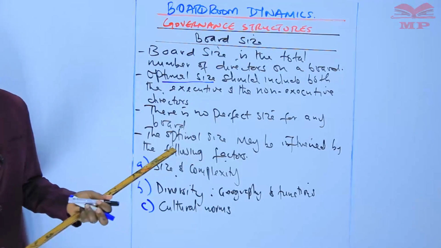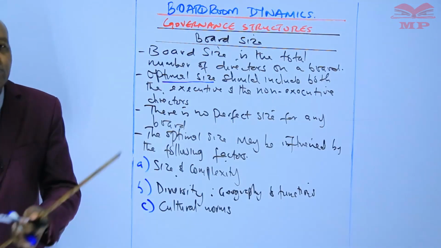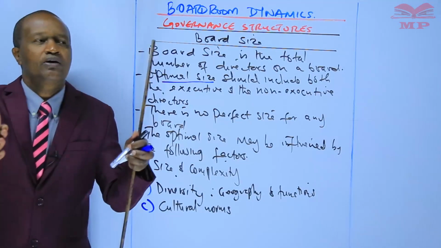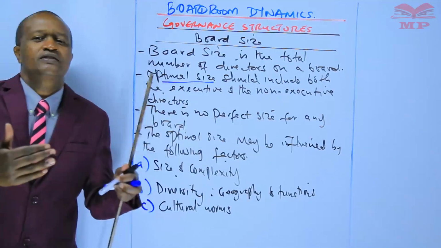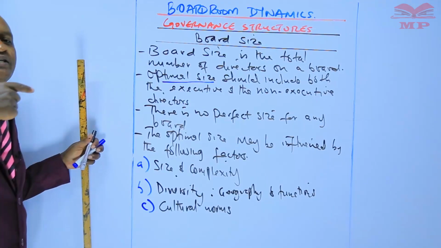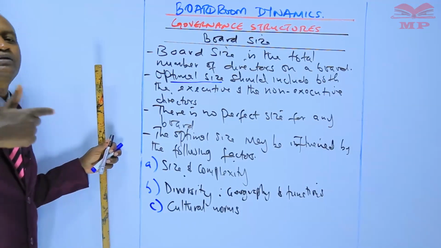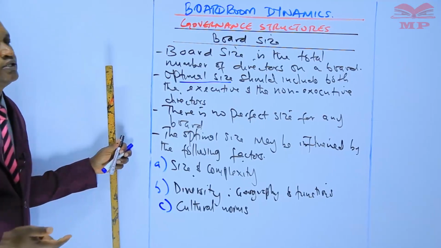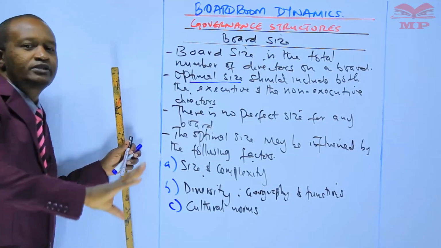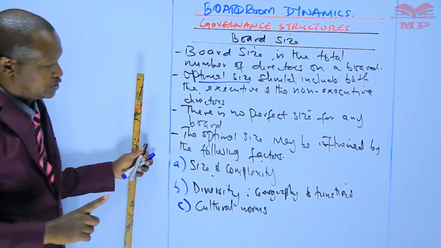And candidates, more generally, an organization's board should be of a sufficient size so that there are sufficient board members to discharge the board's workload, and also to ensure an overall adequacy of skills and competencies. That's an important point that we need to note down.